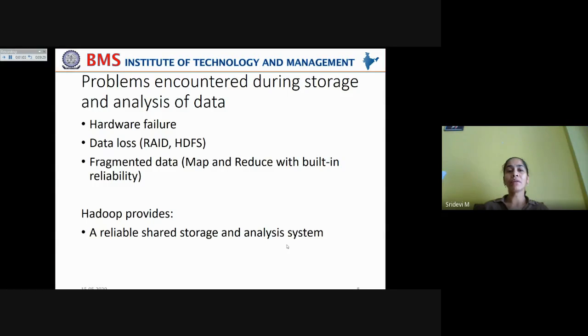It means you can store multiple copies of the data, so that though one copy is corrupted or lost, the other will still be available on a different node in order to read that and finish the processing task. And even fragmentation of data will be useful.